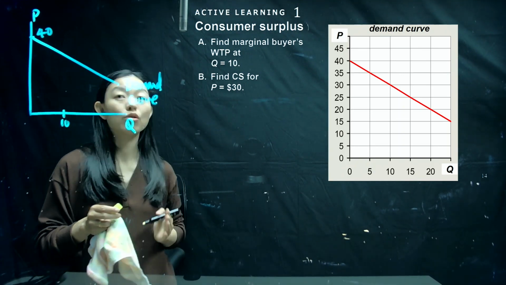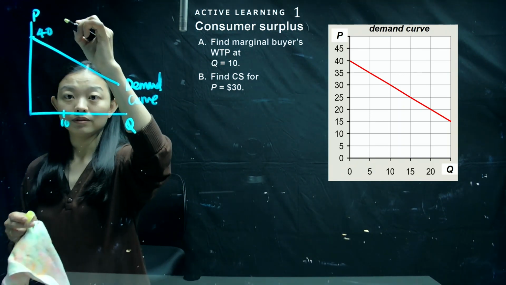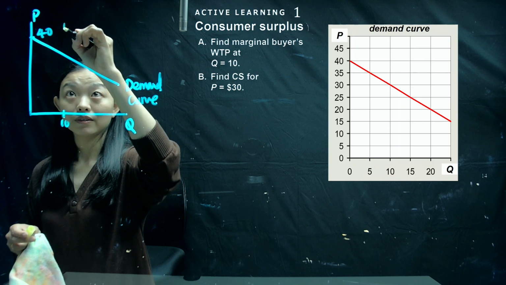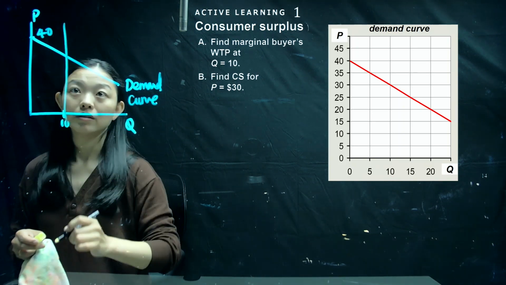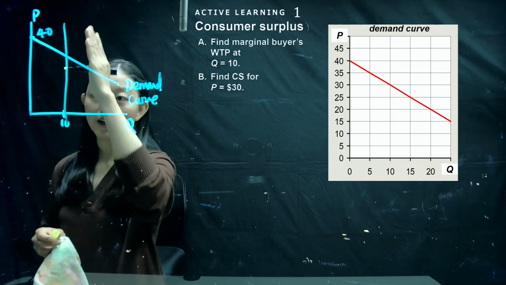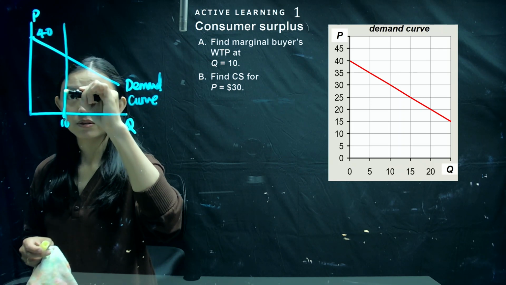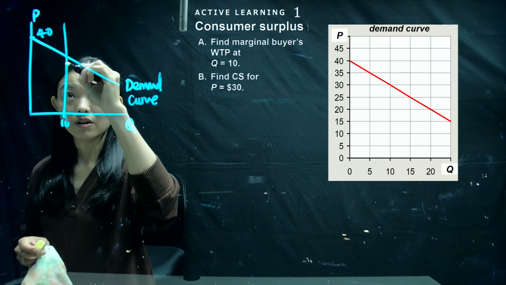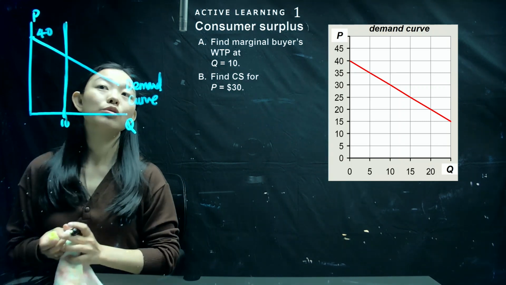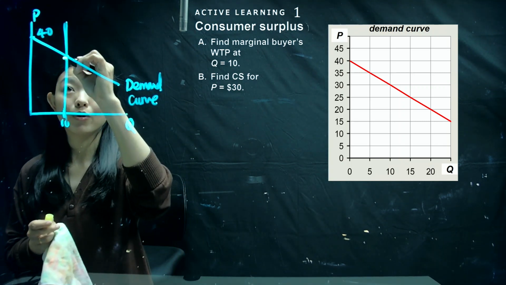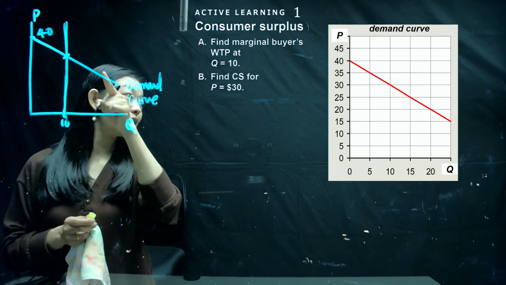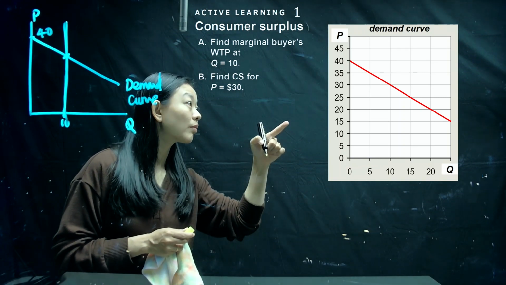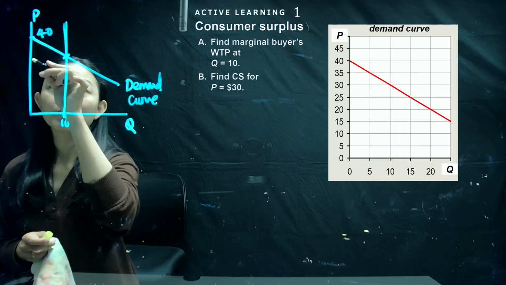What you need to do is draw a vertical line. Just draw a vertical line across this demand curve, then you can find one point. And from this point, you can check the market price.